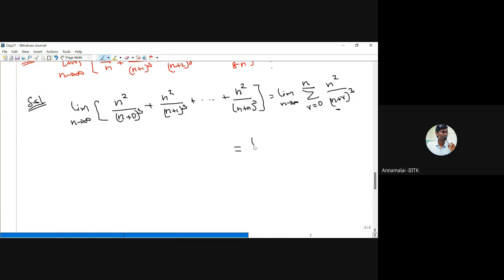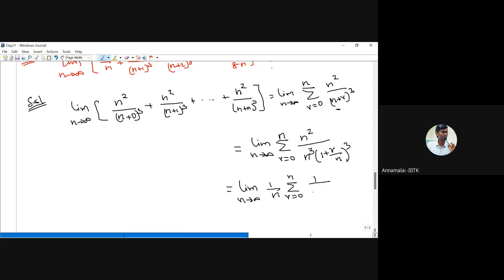Whether r goes from 1 to n or 0 to n does not matter. Now, n square by n cube times 1 plus r by n whole cube. Now we can cancel n square and we get 1 by n. Since the rest of the summation is independent of n, you can take 1 by n outside. Therefore, limit n goes to infinity 1 by n summation r equal to 0 to n of 1 by 1 plus r by n whole cube.